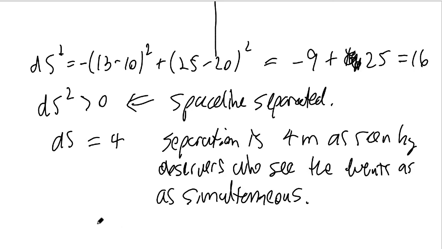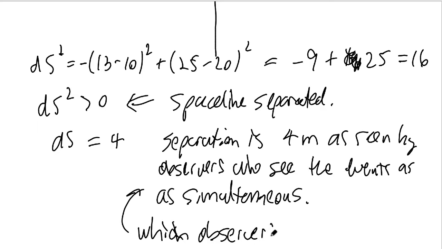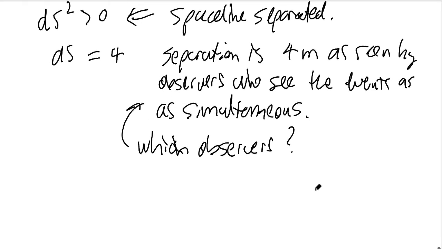Okay, which observers are these that see these events as occurring at the same time? All right, well, before I answer that, let me back up and answer a more basic question.